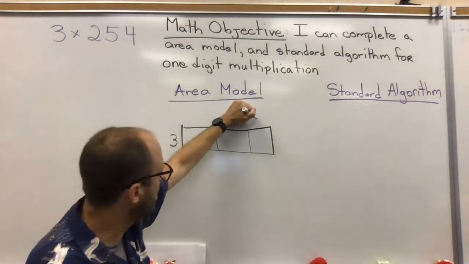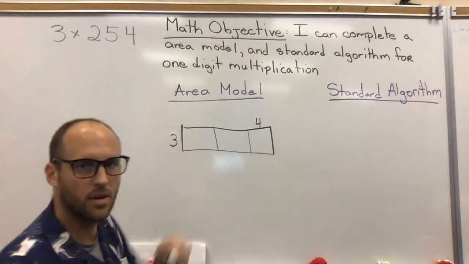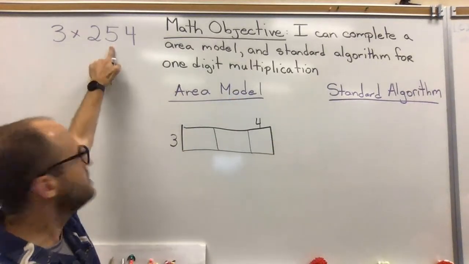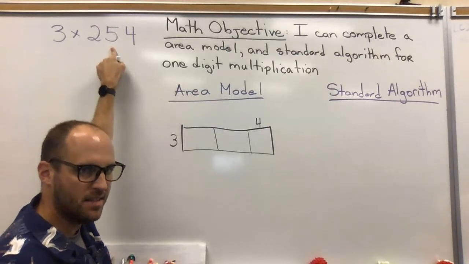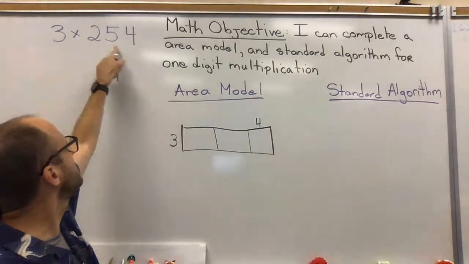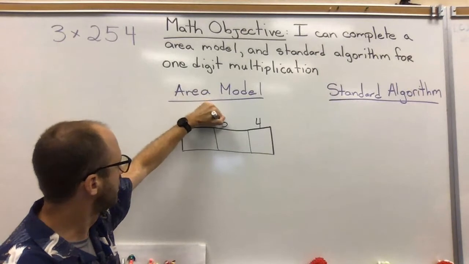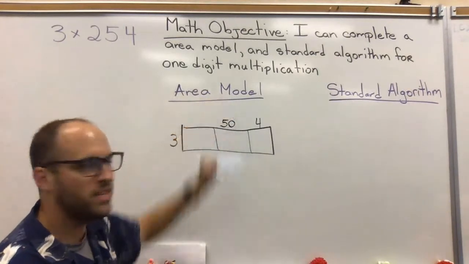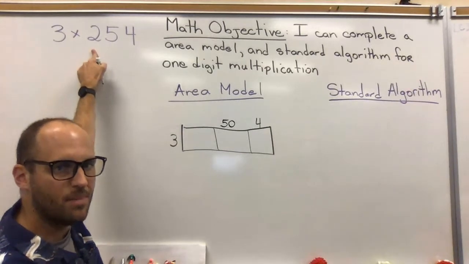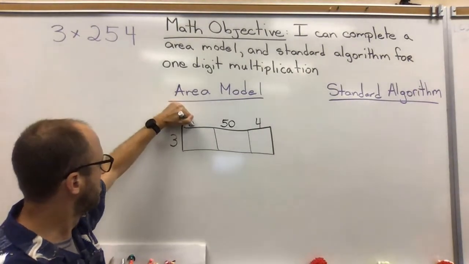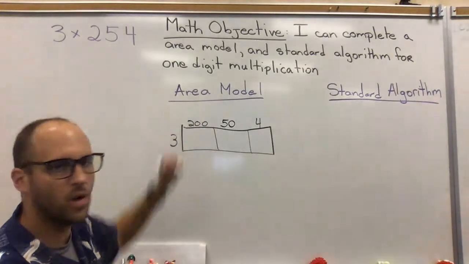So you write 4 ones right there. This 5, it's not a 5, it's 5 tens, otherwise known as 50. So you write a 50 there. This 2 is in the hundreds place. That represents 200s, which is why you write 200 there.